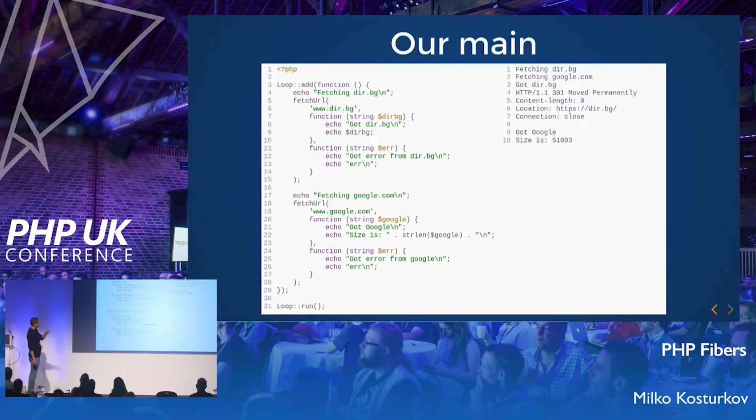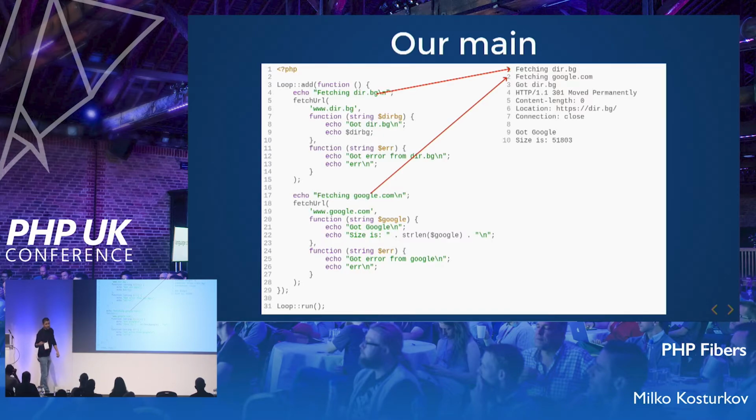So what happens when we call loop run? The order of execution: first, we're going to echo fetching dir.bg. Then when we call fetch URL, it will do some stuff, but it will return immediately. And then we get to echo fetching google.com.